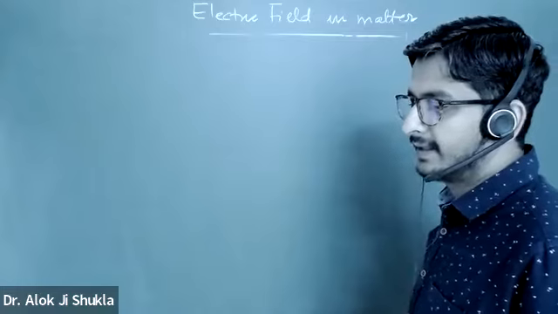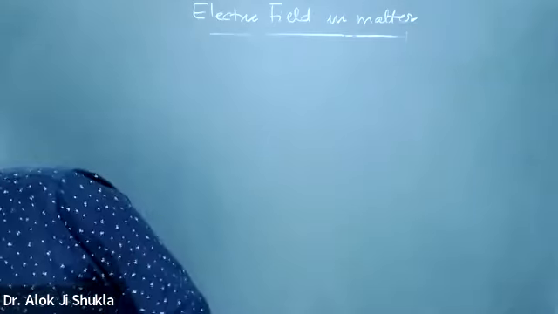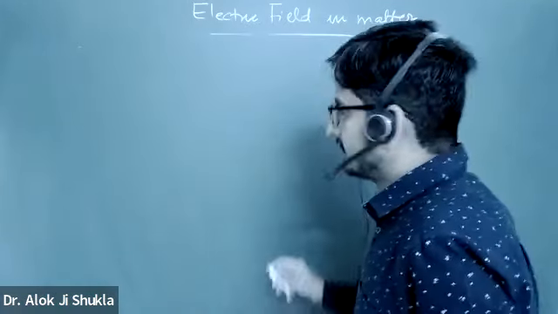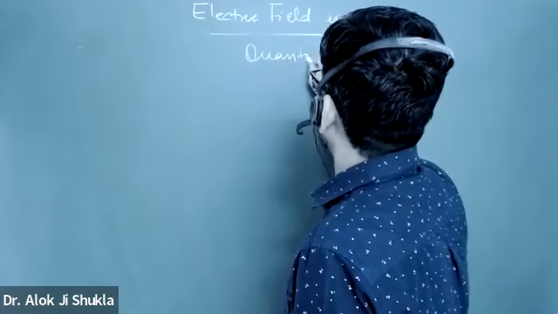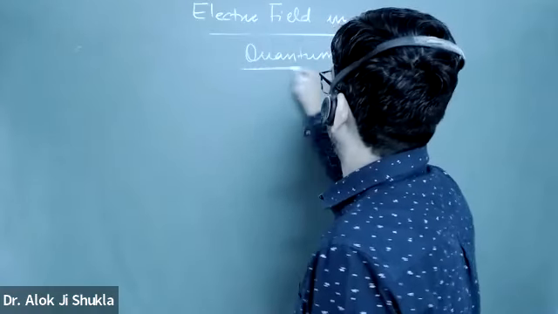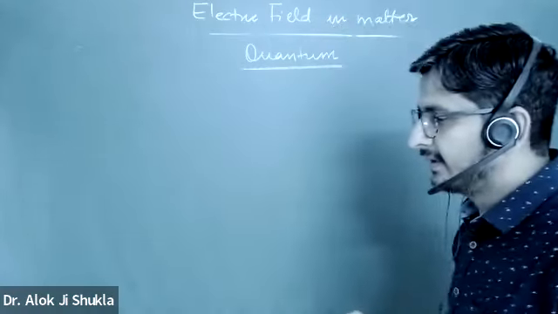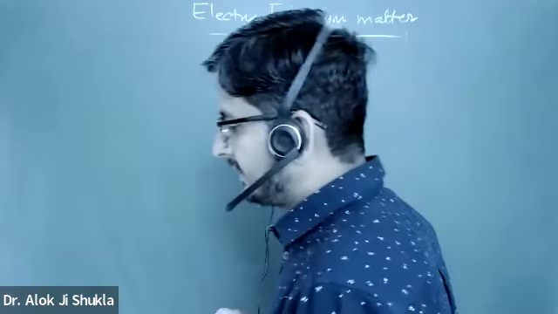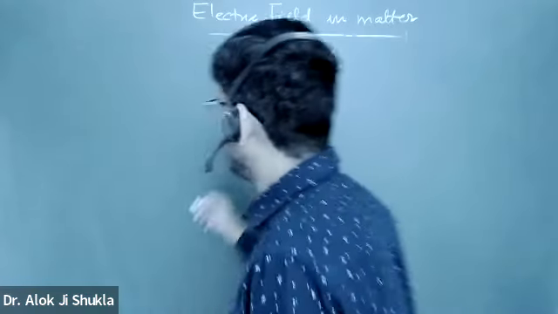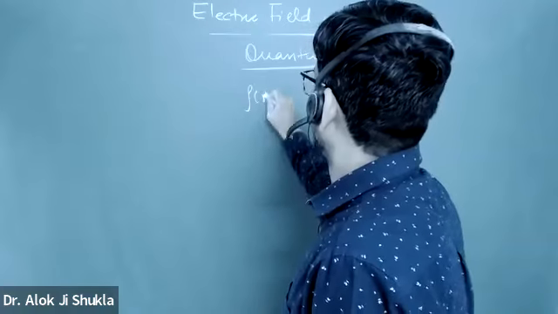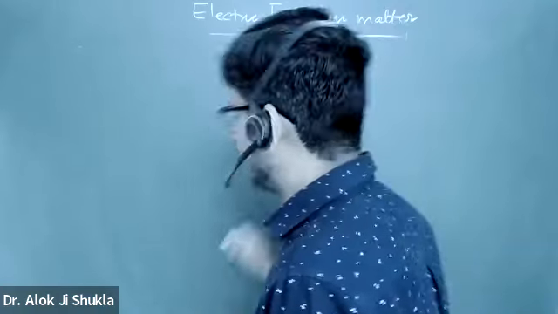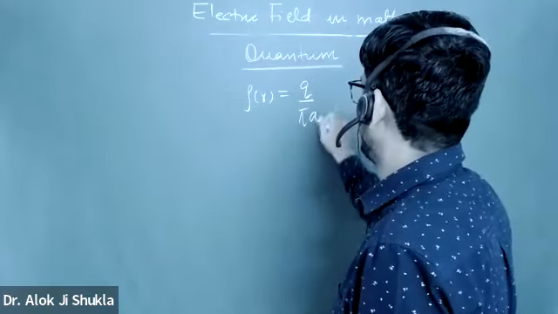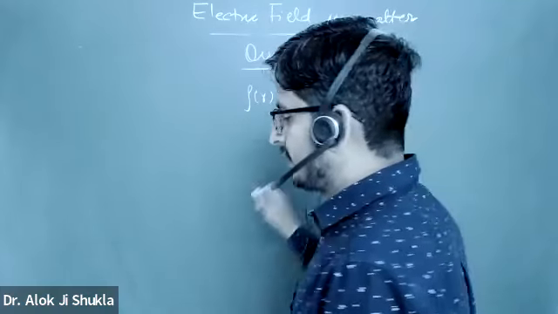Nayan, that is absolutely right that charge density should not be constant, right? So for that, if I take a quantum distribution, if I take quantum mechanical treatment and I take the charge density not to be uniform, but given by the ground state wave function, which you will read in quantum mechanics.